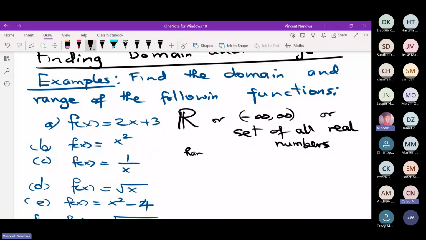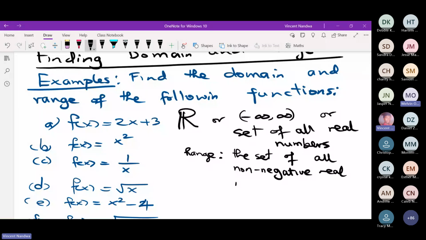So we say the range in B is the set of all non-negative real numbers. Please note that non-negative is not the same as positive. When you say positive, you'd be eliminating 0, which is not true.